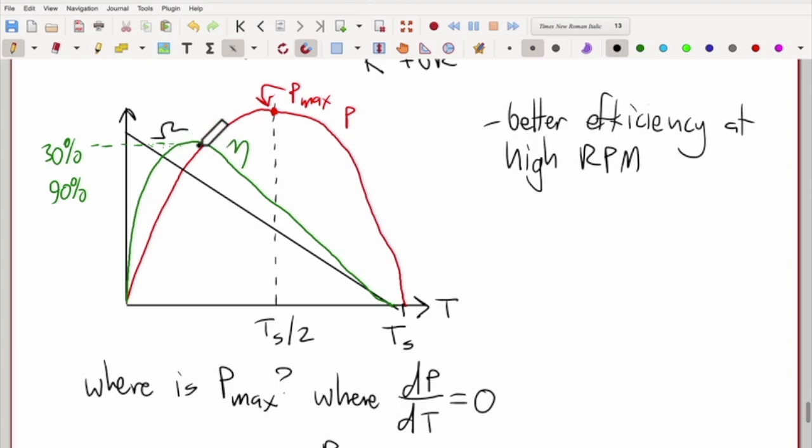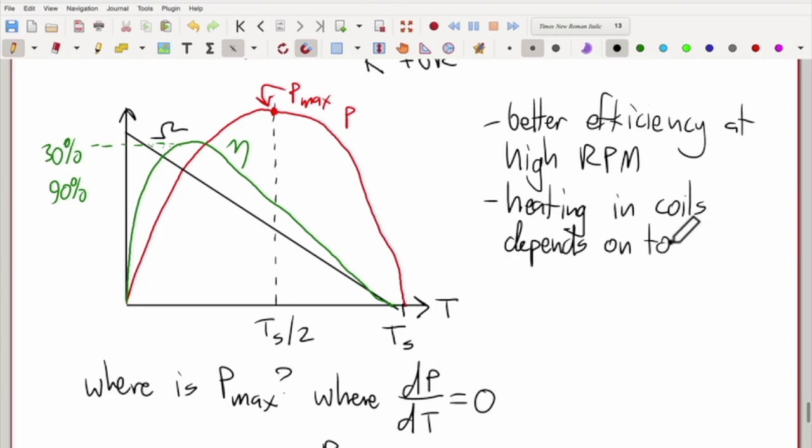So why does efficiency peak over here instead of at the peak power? That's because of heat dissipation in the coils. That deserves a closer look. Heat dissipation in the coils depends almost exclusively on the torque output.